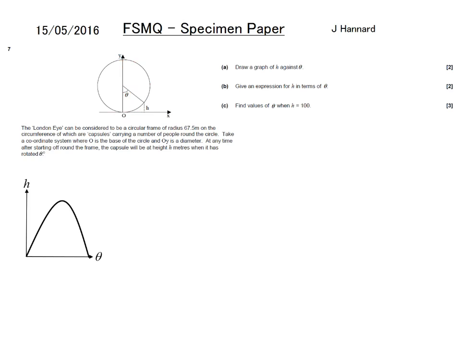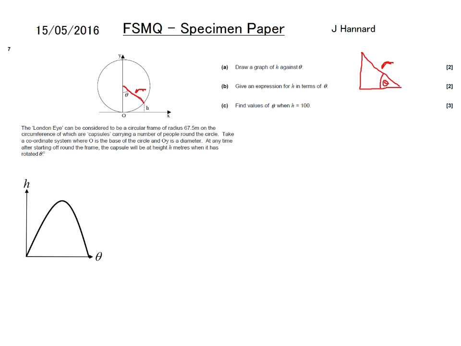But now we've got a given expression for h in terms of theta. So when this line is there, that is the radius. So that is going to be called r. So if we draw ourselves a little right angle triangle, if we call that r, the hypotenuse, and we say this is theta.